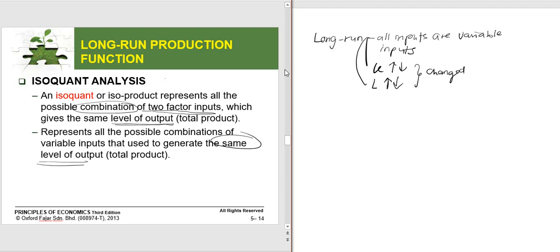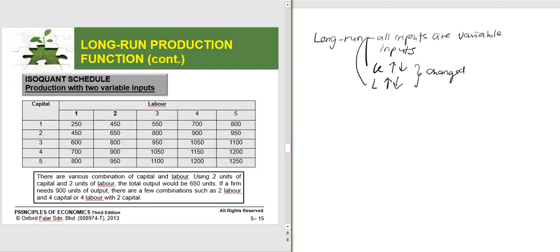So it represents all possible combinations of variable inputs used to generate the same level of output. Let's say you are given this table. This table shows different numbers of capital: 1, 2, 3, 4 and 5. So capital can change, so capital has now become a variable input. And then we have another variable input, which is labor, and the number of labor can also change from 1, 2, 3, 4 and 5. The figures in the table show the number of units produced.